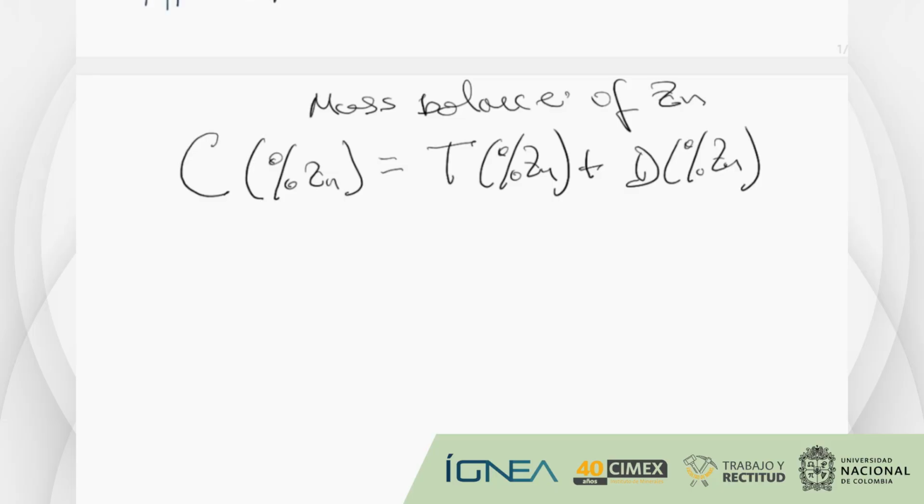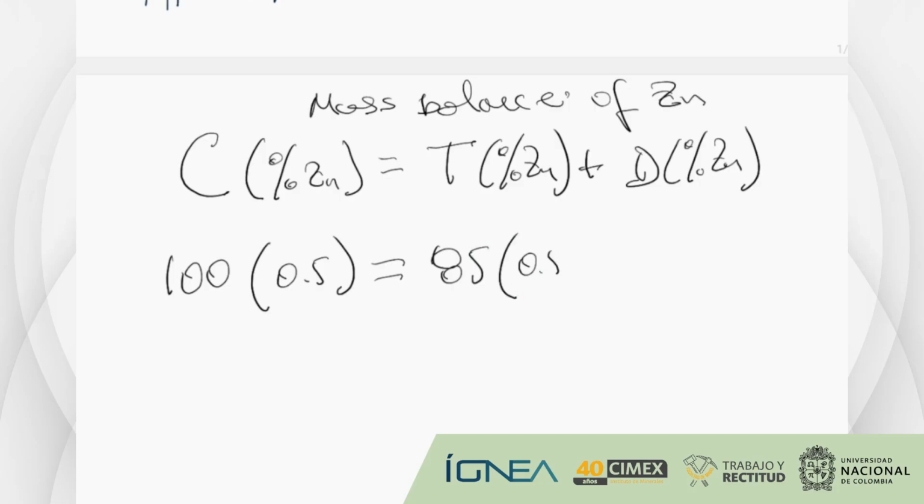If we replace the values, we have 100 kilograms times 50% equal to the kilograms of roasted product with its percentage of zinc, plus the kilograms of dust, where the percentage is the same. Here we have the equation to define the kilograms of dust.